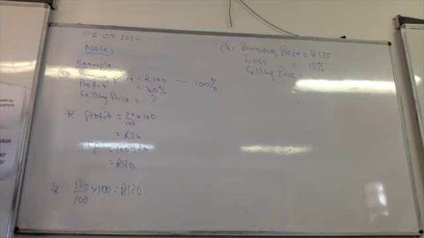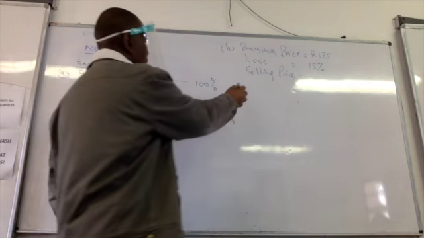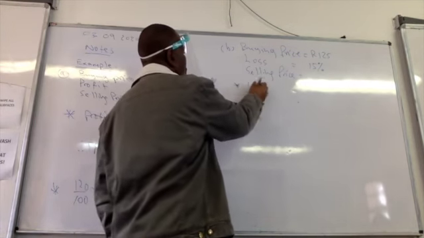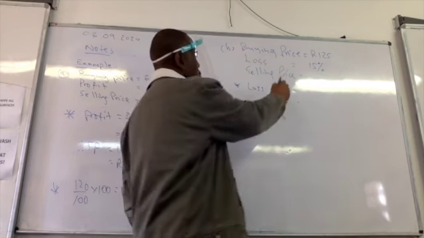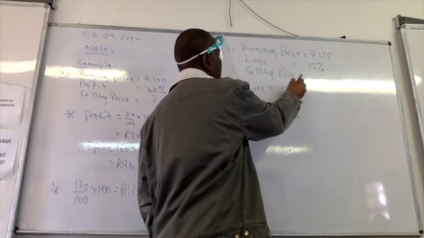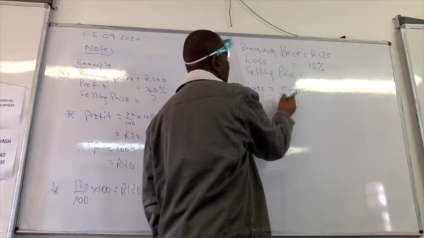The buying price is 125 rand, but you sell it at a 15% loss. So how much is the selling price? Once again, there are two ways of doing that. Some of you would work out the loss as a figure. So the loss should be 15% of 125. How much is that?